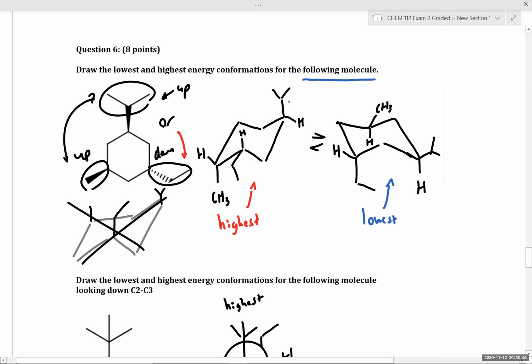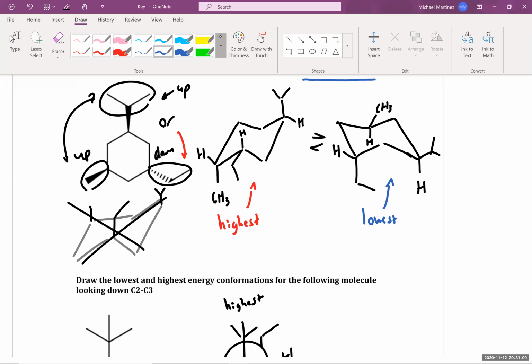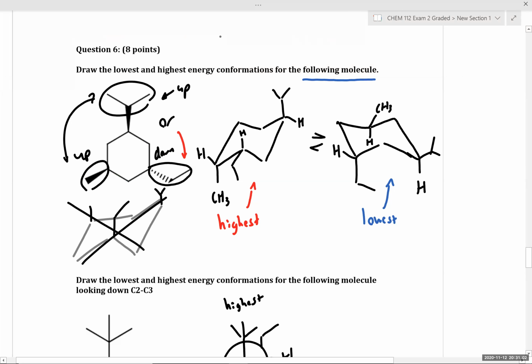So this first structure with the isopropyl and methyl axial is the highest in energy, while the structure with the ethyl group axial is the lowest in energy. Does that make sense to everyone? Does that idea make sense? So the highest energy chair conformation has the most substituents in the axial position.